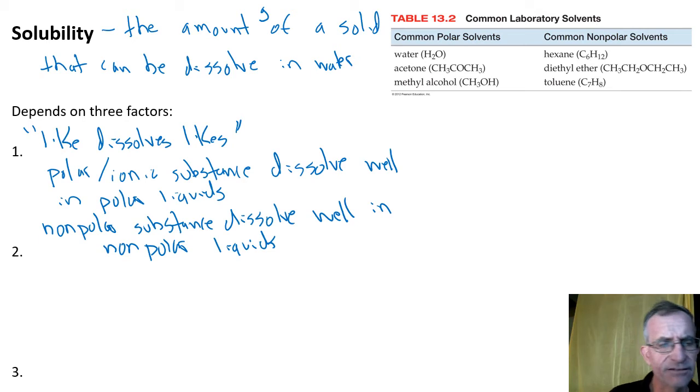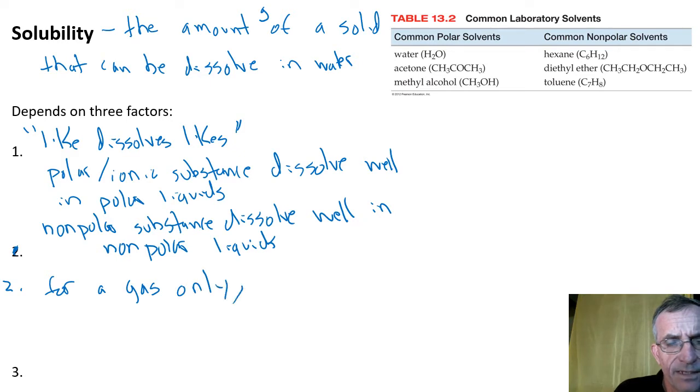Another thing that matters, and we should make this number 2, is that this one only applies for gases, because you can dissolve a gas in water too. Carbon dioxide dissolves in water. That's what you get in a soda. It's got carbon dioxide in it. So for gases, gases dissolve better at higher pressures.